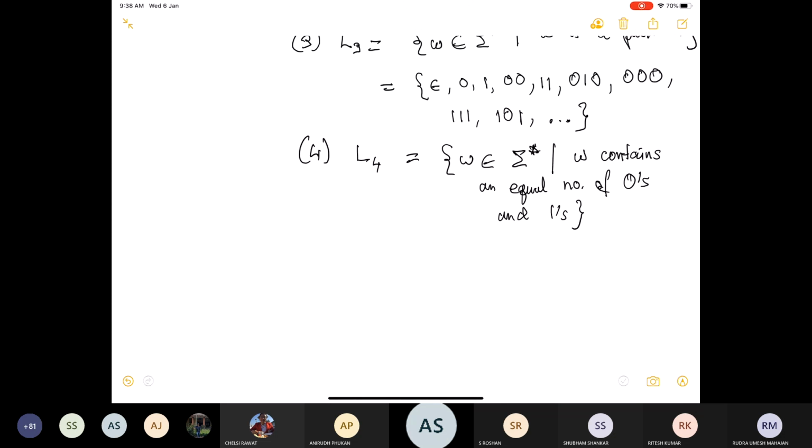Okay, just as we defined concatenation of strings, we can define concatenation of languages.